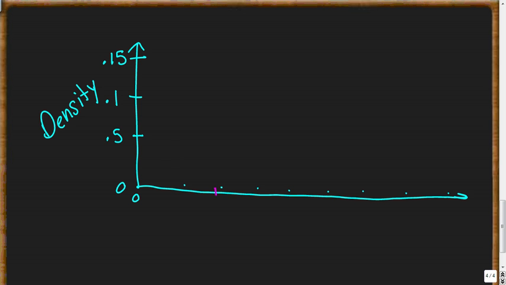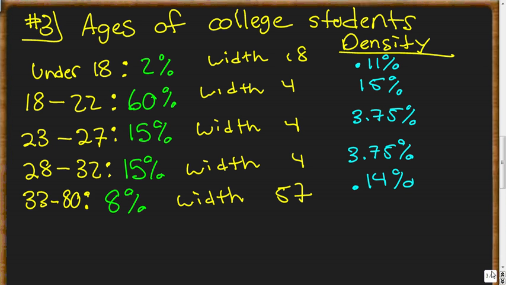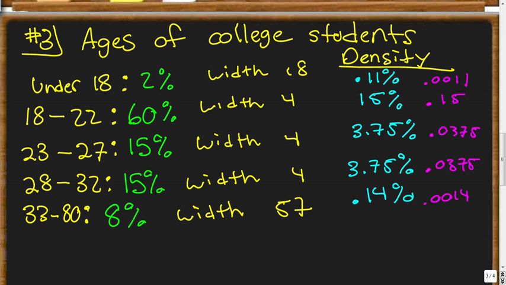That is very, very small. These are percentages, so in order to convert backwards, you need to move the decimal twice. So this is 0.0011. This is 0.15. This is 0.0375. This is 0.0375. And this is 0.0014. So very, very tiny numbers.